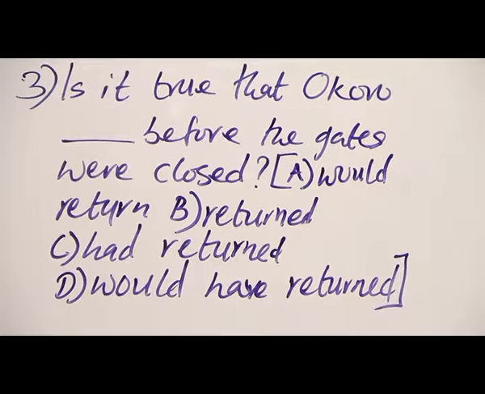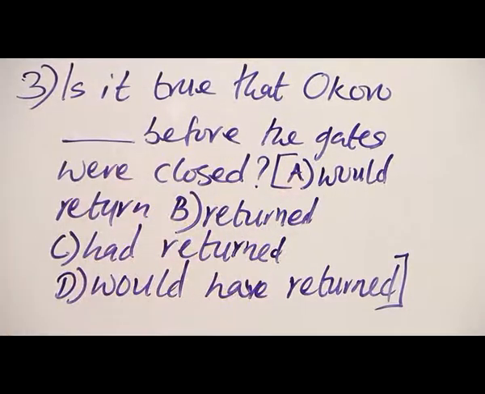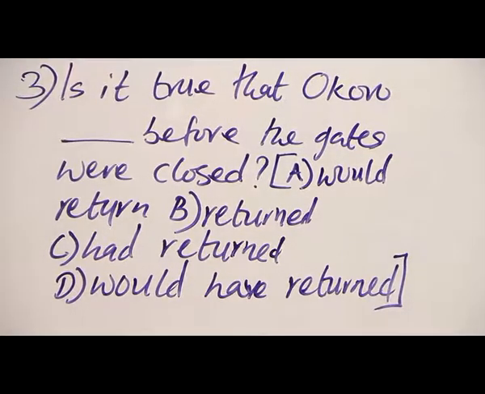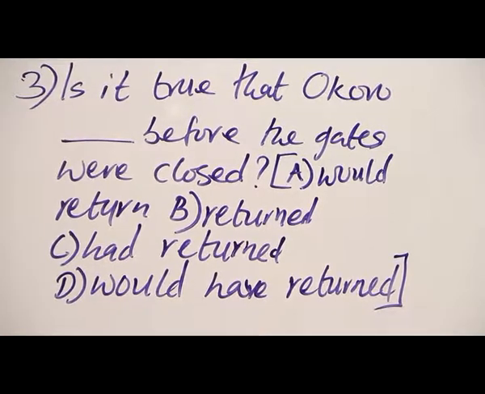We can therefore eliminate A. That also goes for D, would have returned. Is it true that Okoro would have returned before the gate had been closed? That will be what will be appropriate. So options A and D can be eliminated.